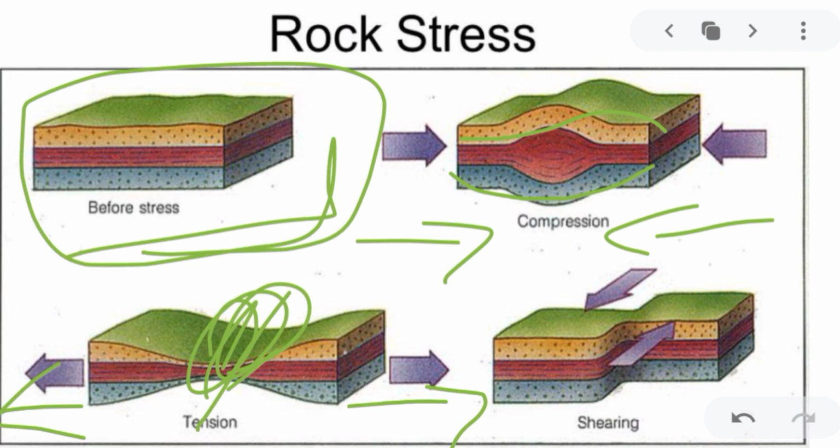Or pwede rin na mangyari ay magkakaroon ng trenches. Tension na yan. But then kapag sobra-sobra yung stress na in-apply, magkakaroon ng shearing o pagkapunit. Magkakaroon ng splitting. So, yung isa bababa, subduction zone, tapos yung isa magiging continental plate. So, yun yung type ng stress natin dito in terms of rock application.